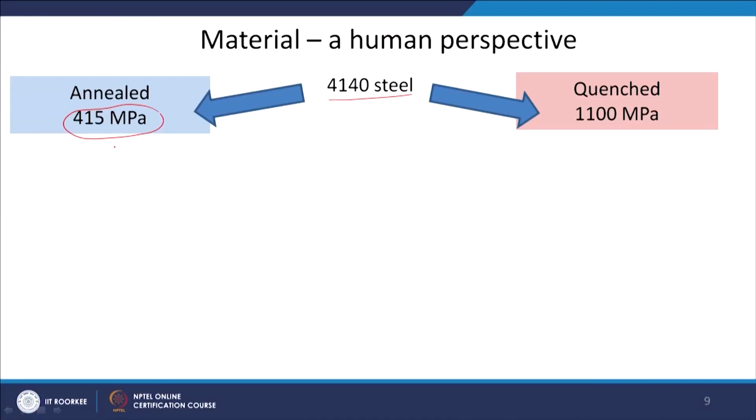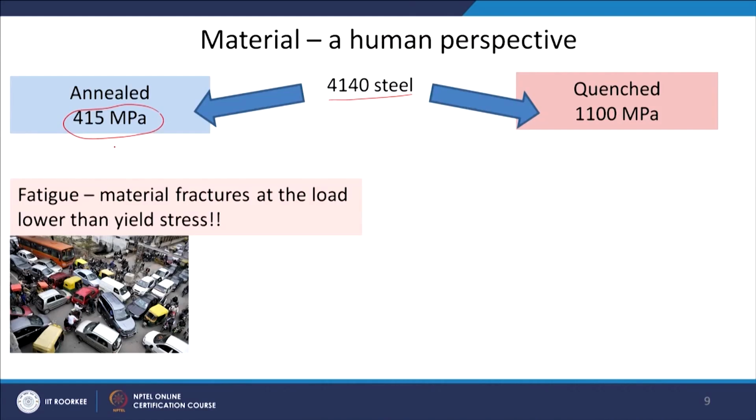Starting from the same family or the same condition, but two different conditions were imposed. So, same material: if you do annealing, it is a different strength, if you do quenching, it is a different strength.